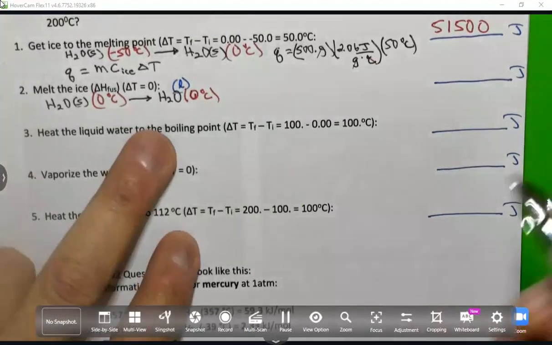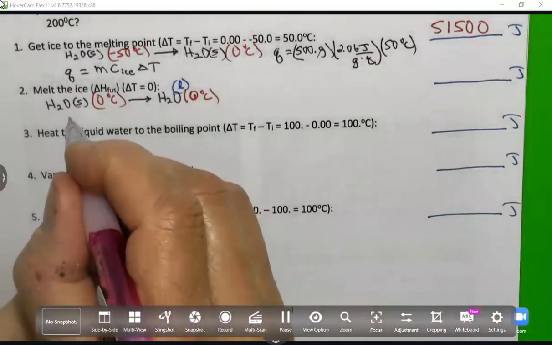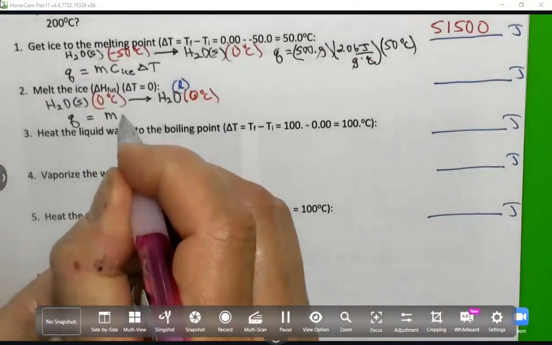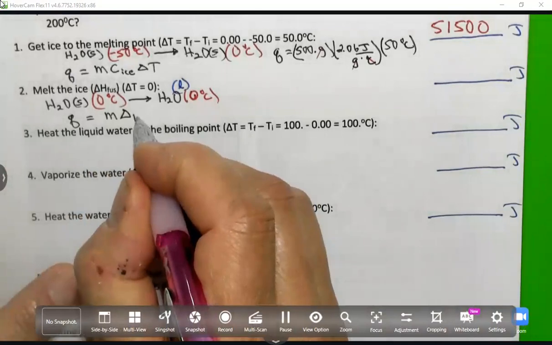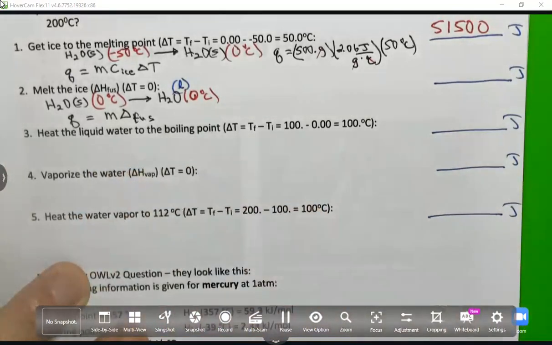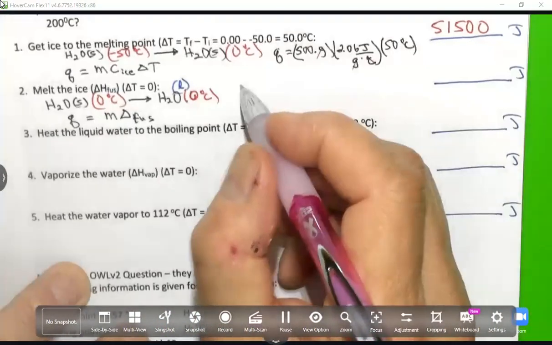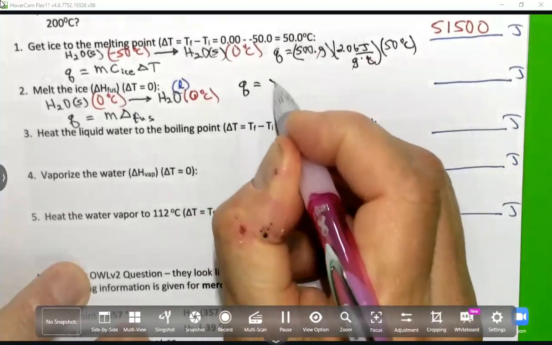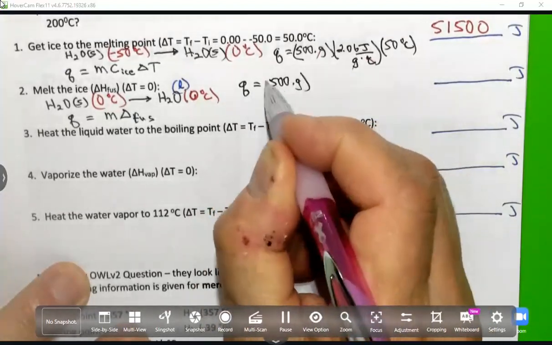The equation for that is Q is equal to M times the enthalpy of fusion. And this is going to be Q is equal to 500 grams.